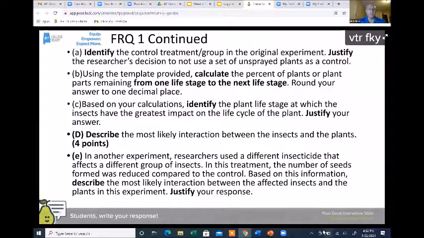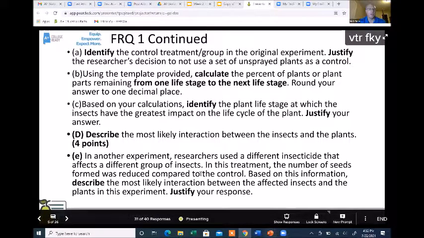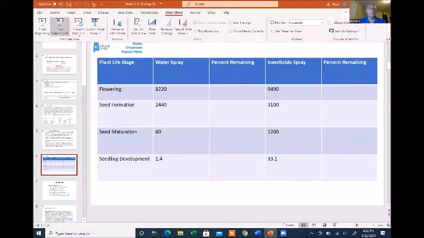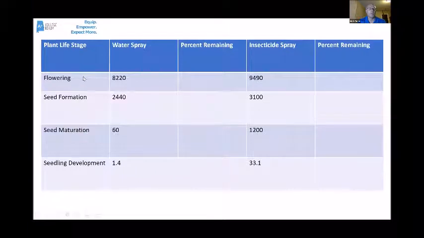So I'm going to go back to my PowerPoint screen now where I can write. And this is the table. This table was given to people on the AP exam. We started off with 8,220 plants in the water spray group, and in the insecticide group, 9,490.